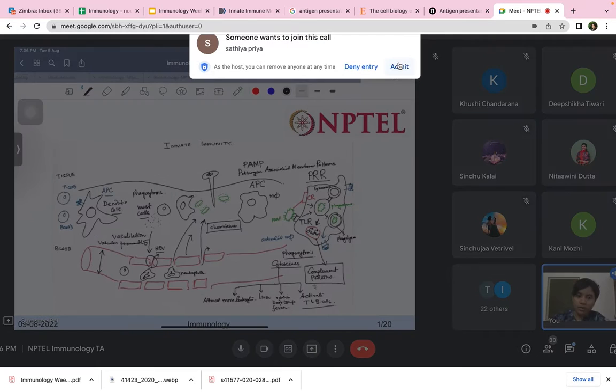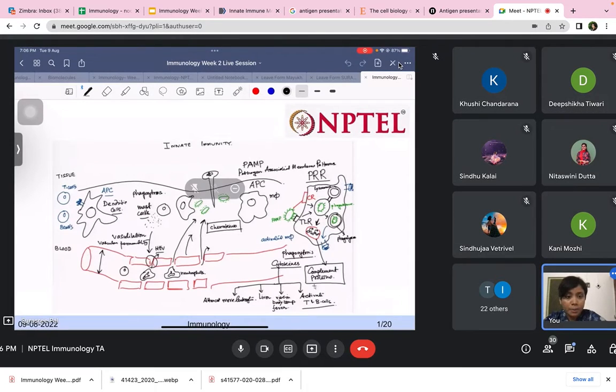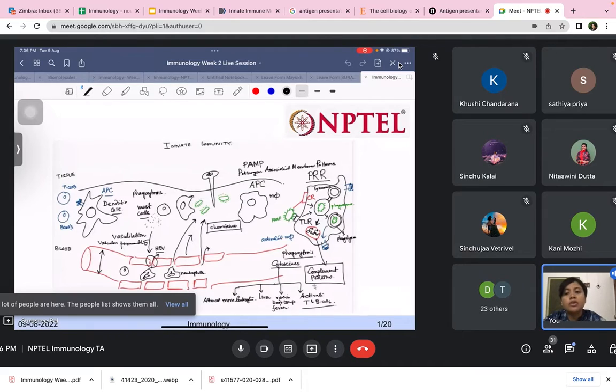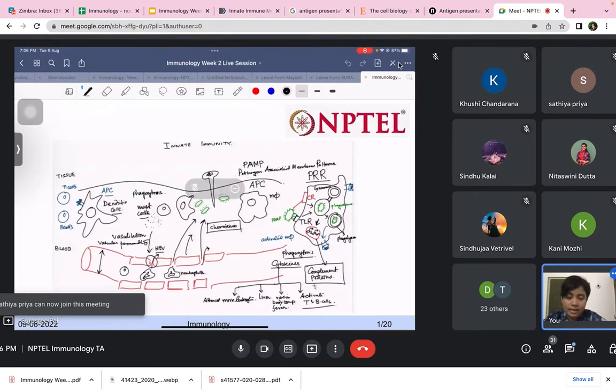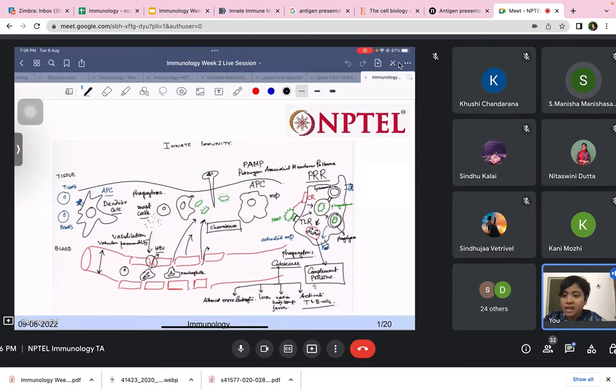And the innate immune response, unlike the adaptive immune response, is not so specific, right? This also we had discussed. If some of you were there in my previous session, you would remember that we were discussing PAMPs, PRRs, and some of the innate immune cells also, like the macrophage and the dendritic cells. These are some of the most important cells of the innate immune system.